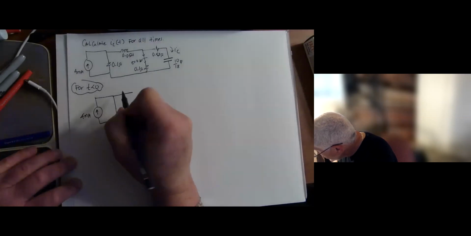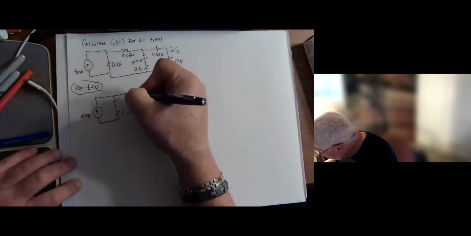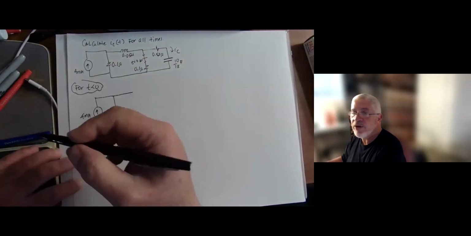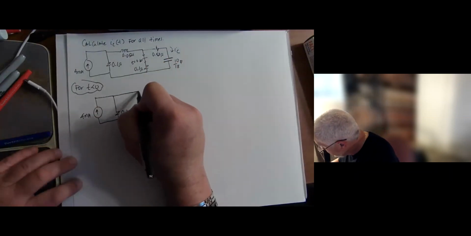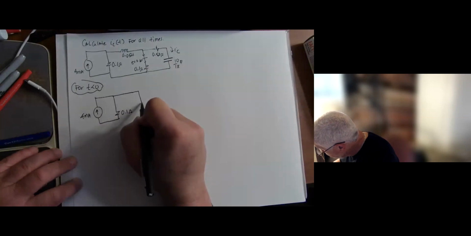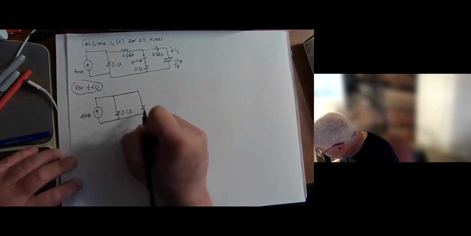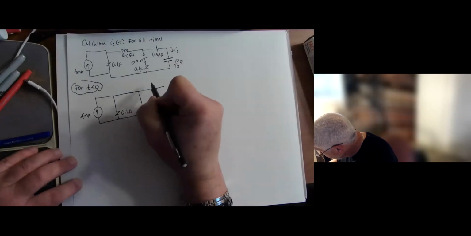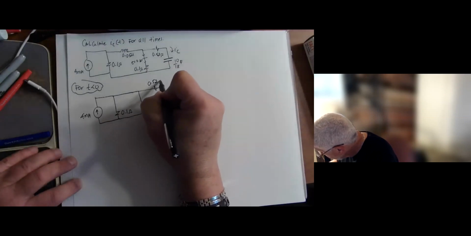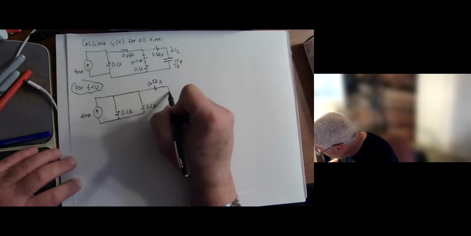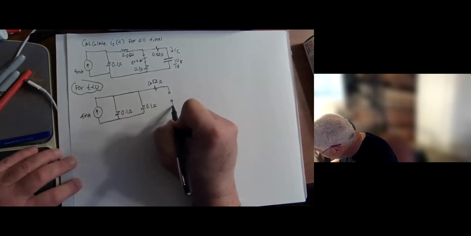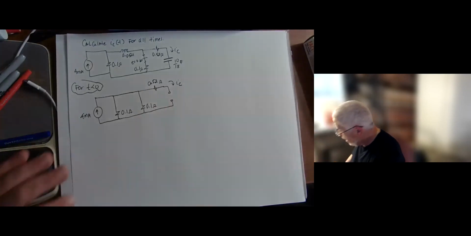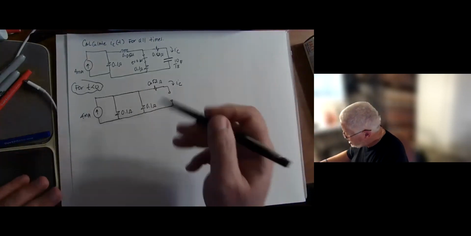Again, the inductor behaves like a short circuit, a wire, because everything has been constant for a very long time. The switch is closed, so that other resistor is connected, and then the 0.5 ohm. And then the capacitor again behaves like an open. Okay, so that's the circuit we have here.